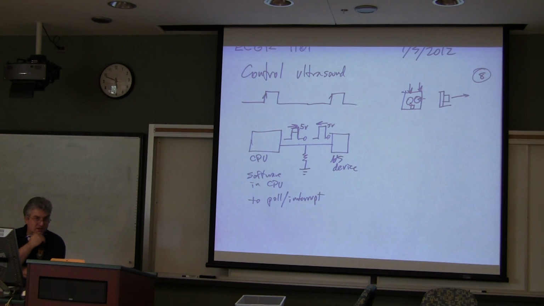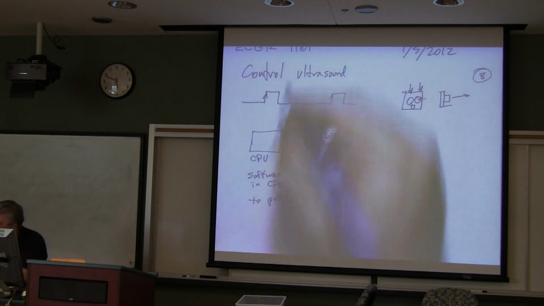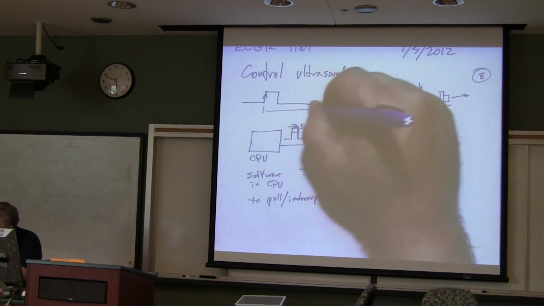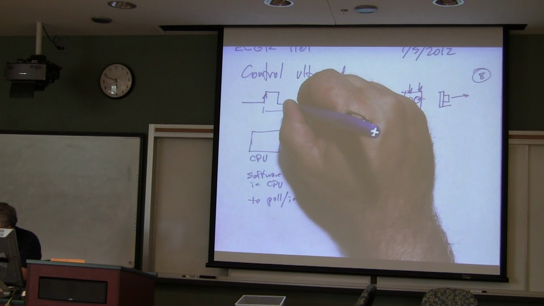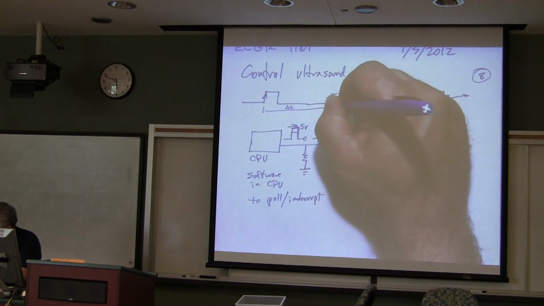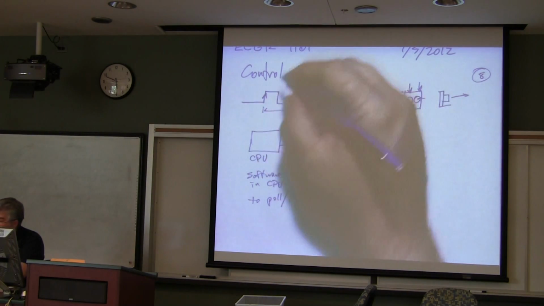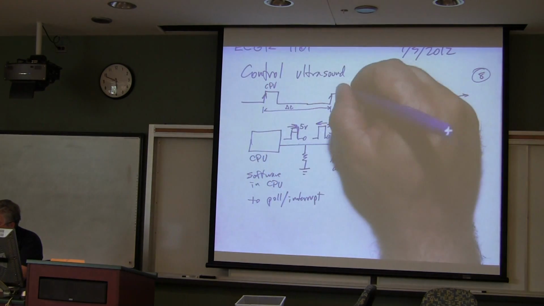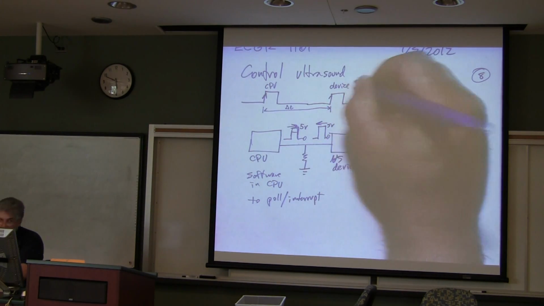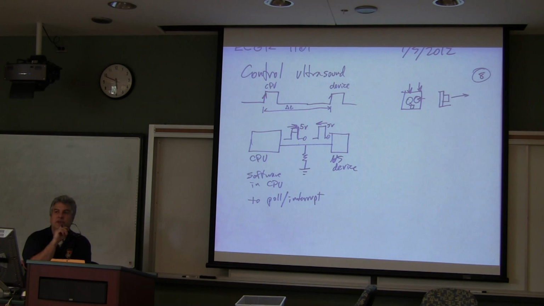There's going to be a certain amount of time, delta t, between when the CPU puts the pulse out there and when the device returns and says, I heard something.